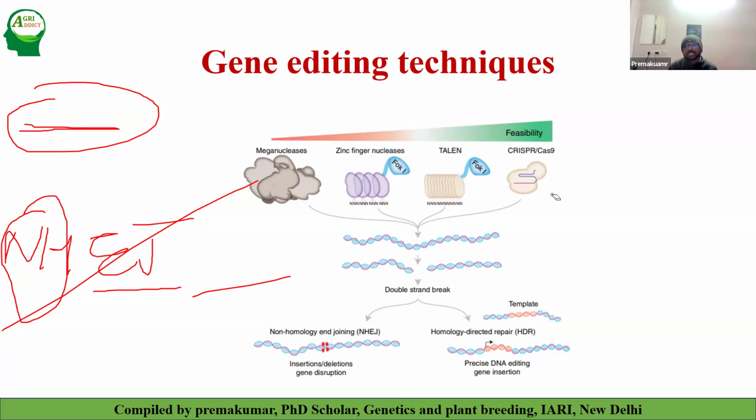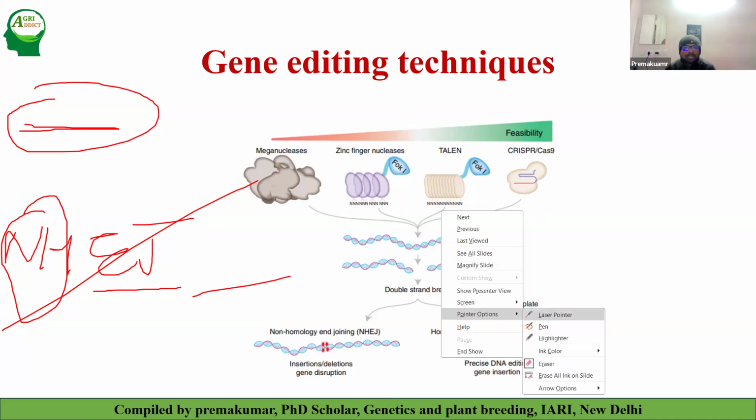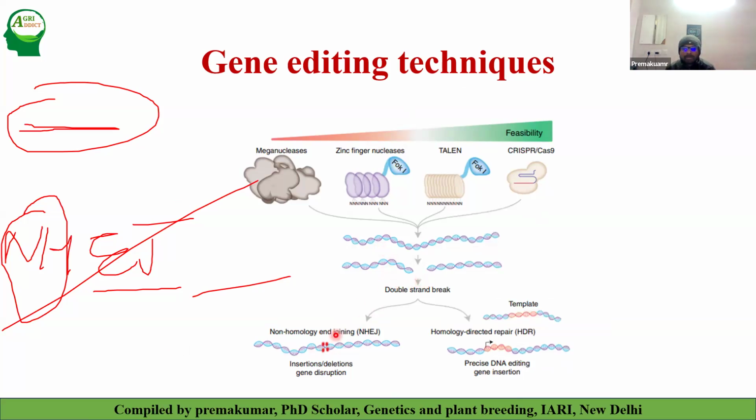Another method is called homology directed repair, which means we are giving a template to repair the double-strand break. In the earlier case, it was not like this; we were not providing any template, we allowed the cell to repair itself. Here, the cell uses a template to repair the double-strand break. Because of that, you can guide the cell toward whatever changes you want to make in this particular DNA, whether you want to insert or mutate it in a particular way.